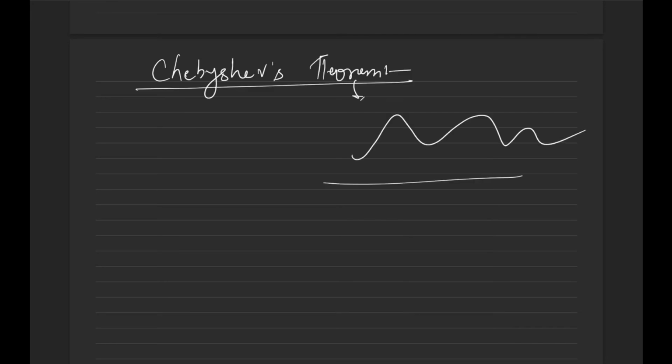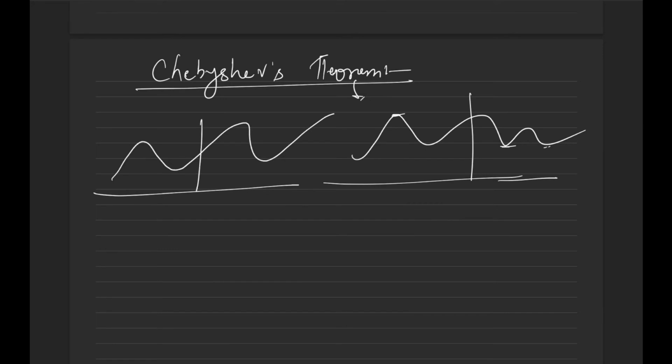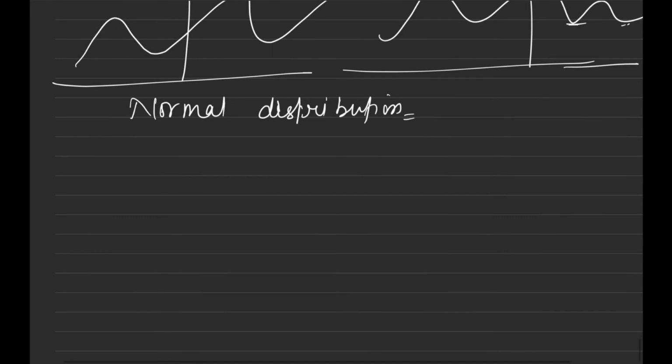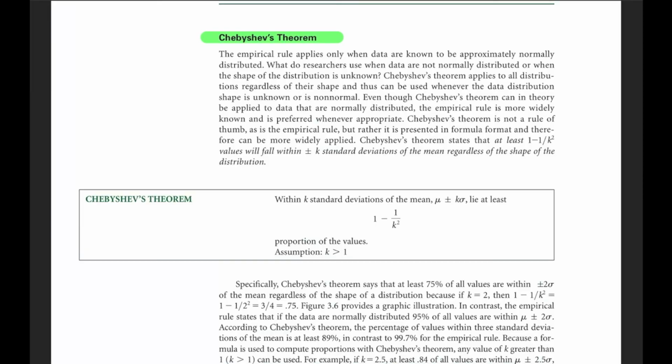In this theorem, the data can have any shape, literally any shape. It can have multiple maxima, multiple minima and all. The theorem says that no matter what the shape is, it can be applied, and it can be applied to normal distribution also. But for normal distribution, we already have a very standard method, that's why we follow the empirical theorem, but the same Chebyshev theorem can also be applied there.